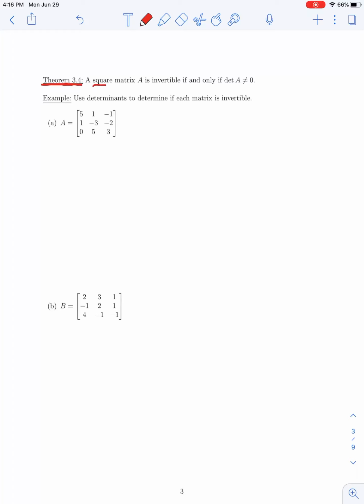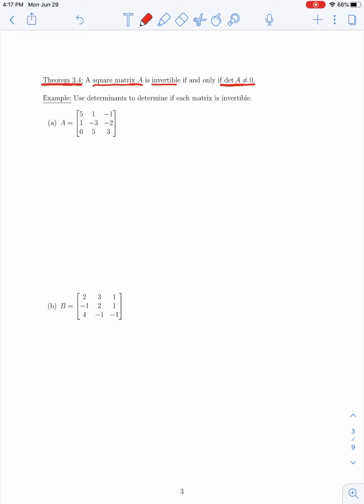It says that a square matrix A is invertible if and only if it has a non-zero determinant. So a square matrix is non-singular as long as our determinant is non-zero, which means that an inverse does exist. And we've already been using that for the case of 2x2 matrices, but this theorem says that it now holds in general for any square matrix.